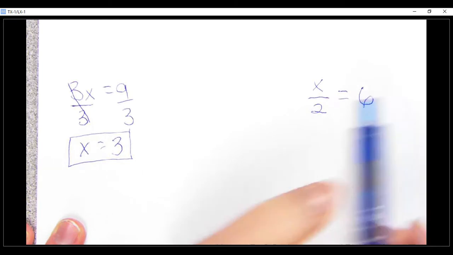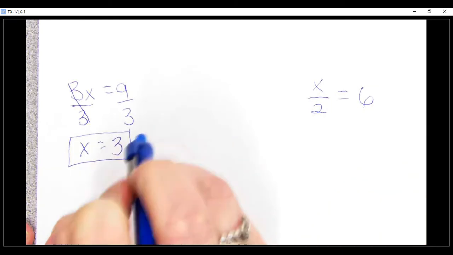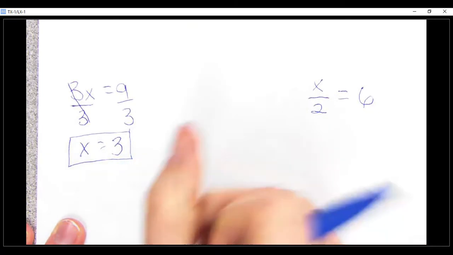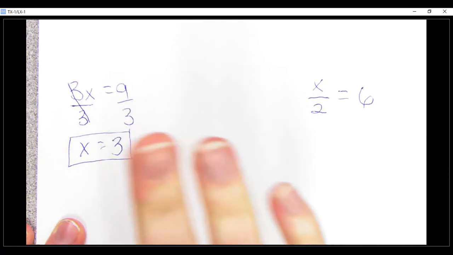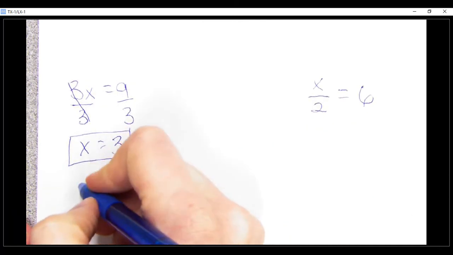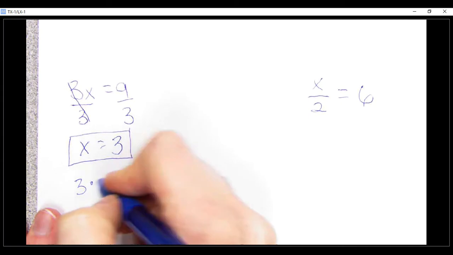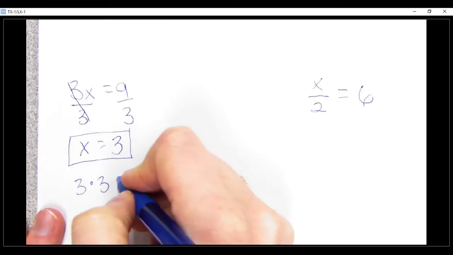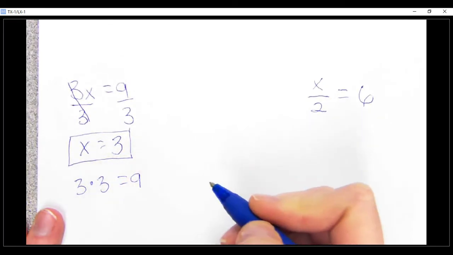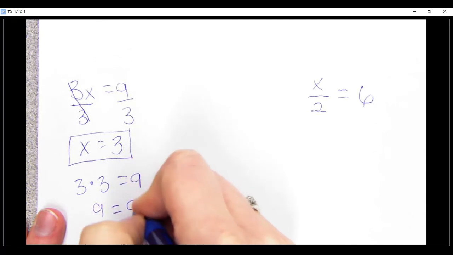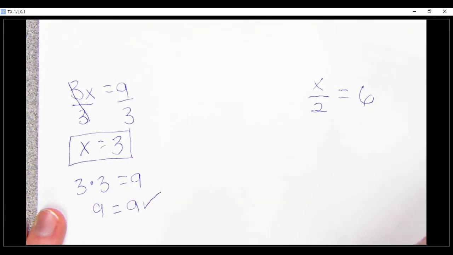Great, I got the x all by itself. And this should look familiar when we were doing our direct variation. But again, I can always check my work. So I should be able to do 3 times 3 to equal 9. And yes, it does. 9 is equal to 9, so I know I did it 100% correct.